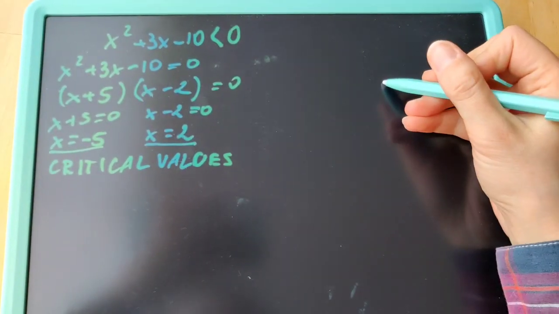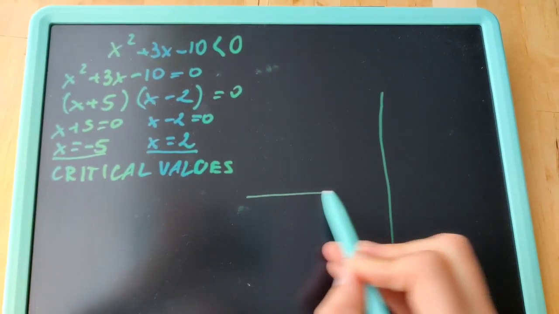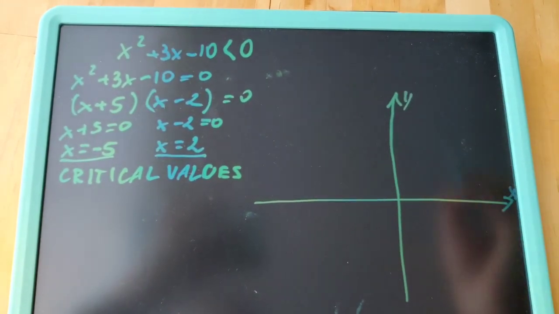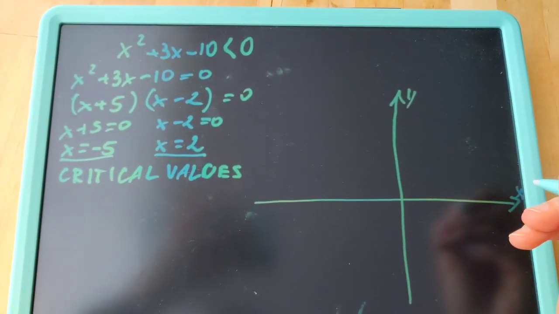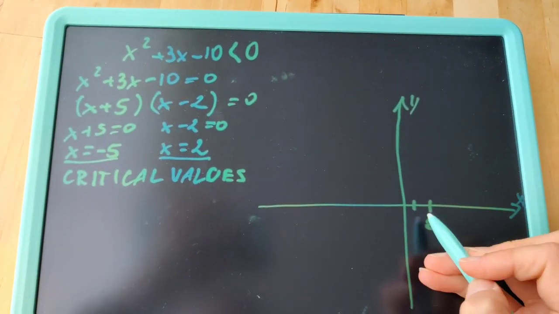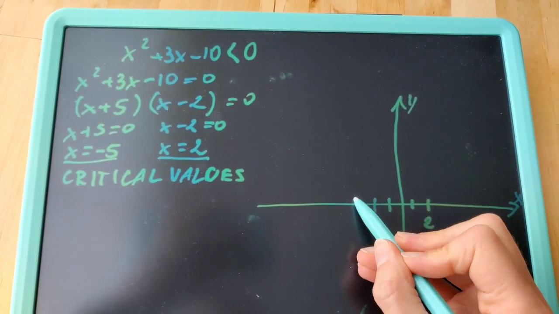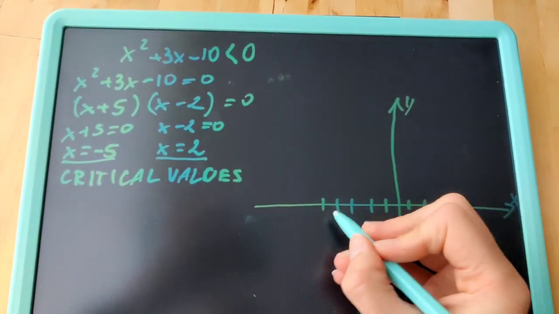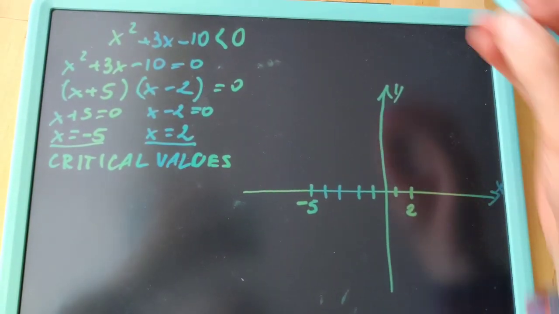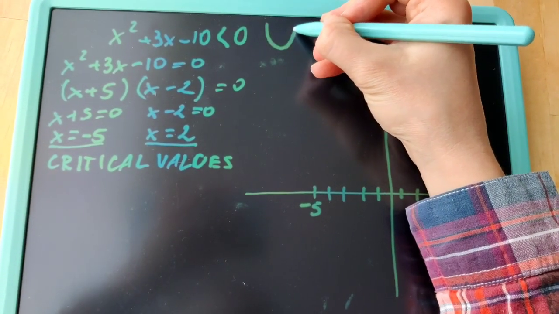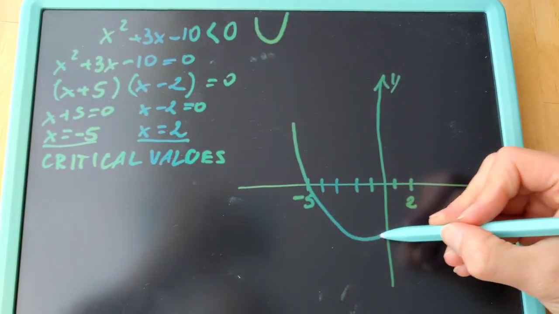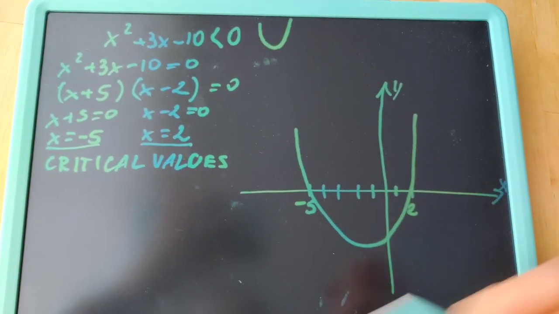So what we're going to do next is draw a graph. We're going to have 1, 2, this is going to be 2, and 1, 2, 3, 4, 5. So this is our -5. And our parabola is a positive smiley parabola. So we're going to draw it just like this.